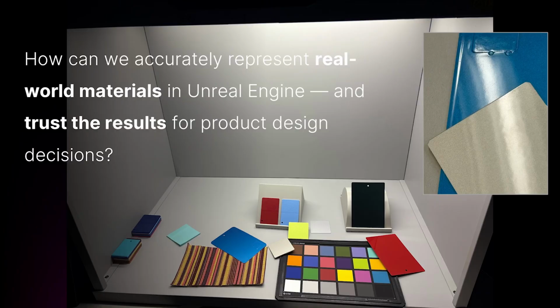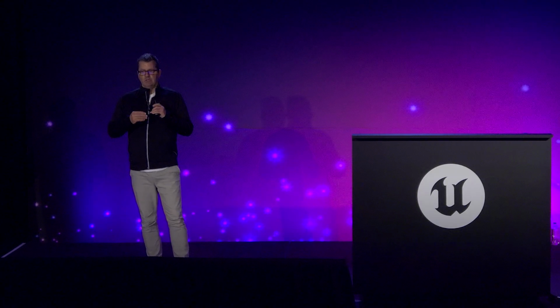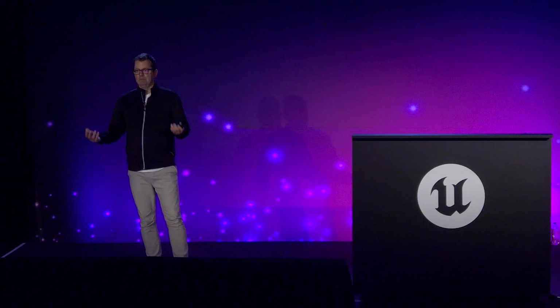How can I represent this in software like Unreal Engine? And that's a real challenge. What's the RGB color of this red or this yellow? Just with the color, it's a challenge. And then when you add more effects, like the roughness of materials or the bump of things, that becomes even more difficult.